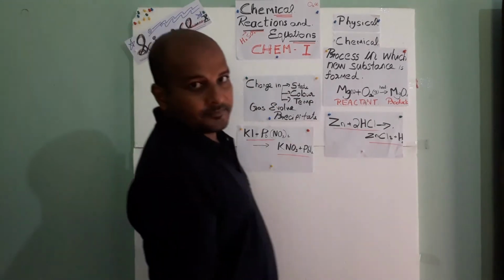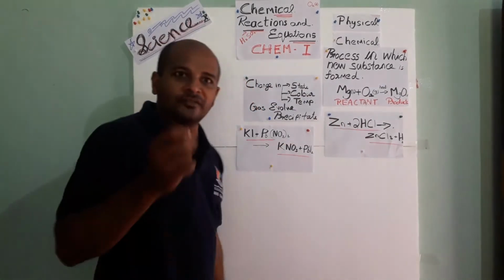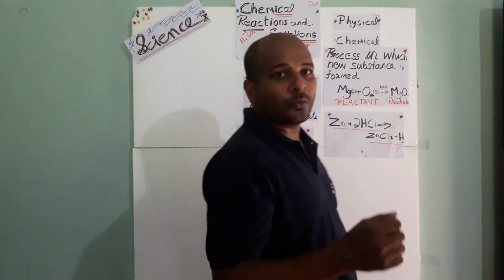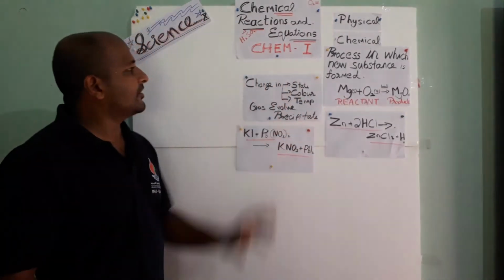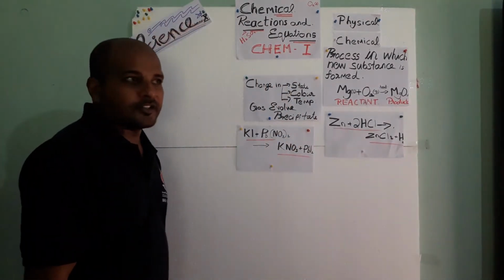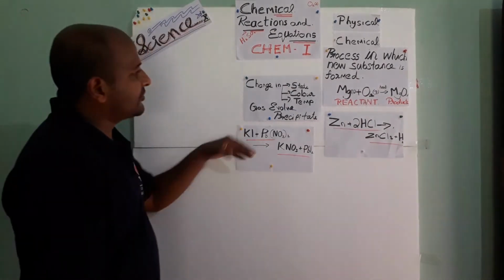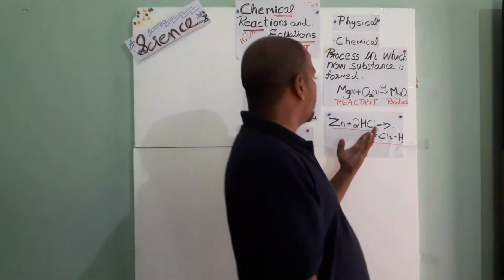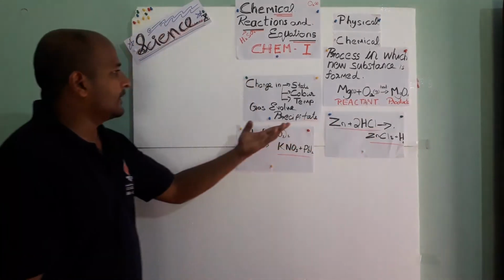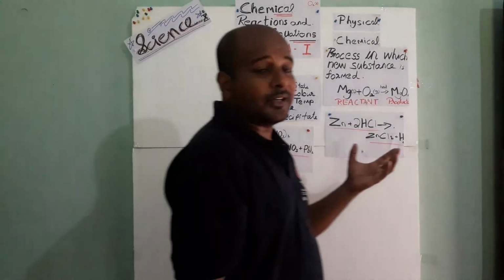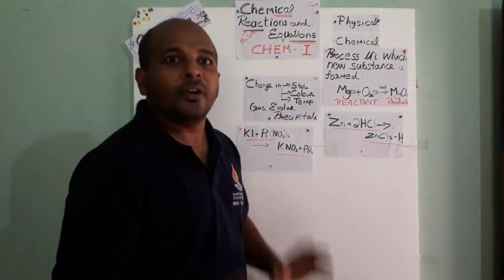Change in color: magnesium is silver in color. When it burns, it becomes white. Change in temperature: when heat is applied, automatically temperature will change. And when we put these zinc granules into hydrochloric acid, what will happen? A small amount of heat is also released.